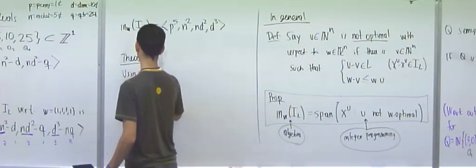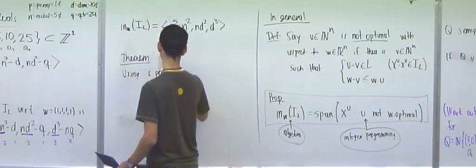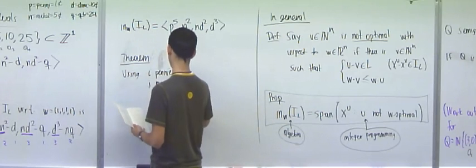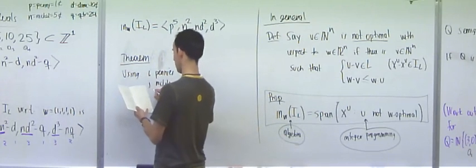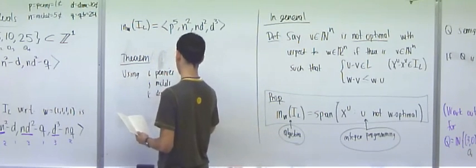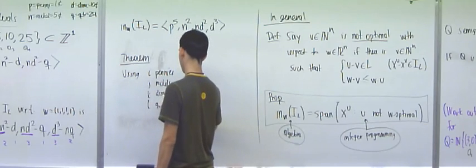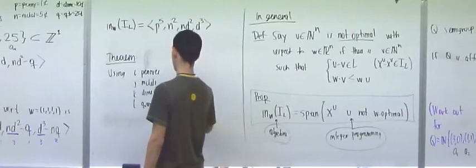Using I pennies, J nickels, K dimes, L quarters is optimal.